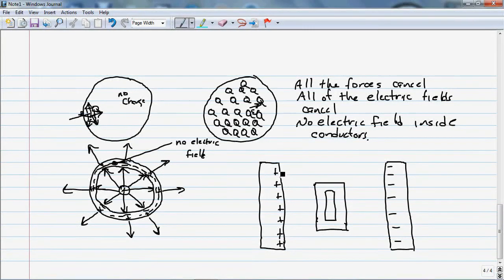Well, what will happen is that the electric field line will come to this inside box, and it's going to attract the negative charges along the surface.